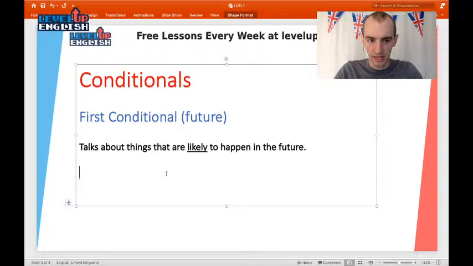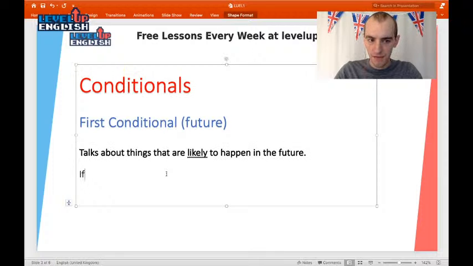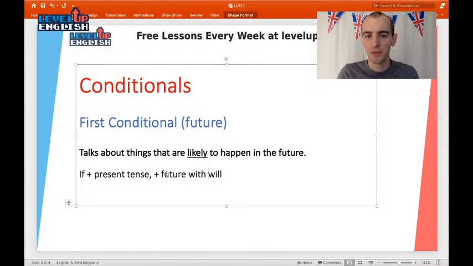So the structure here would be, let me remember, if plus present tense, then a comma, plus future with will. Usually with will. We probably can use other modal verbs, but we'll keep it simple today and say will. I'll tell you that later.